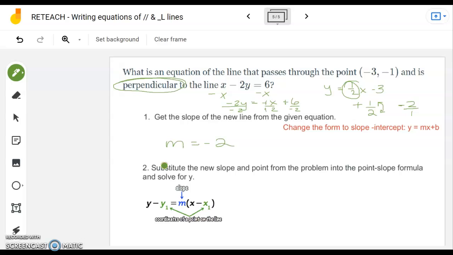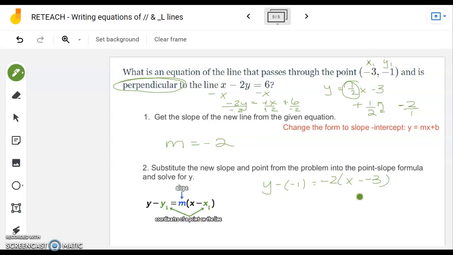So I'm going to use my new slope, m equals -2. And I have my point, -3, -1. So it's going to be x1, y1, and we're going to have y minus -1 equals m, which is -2, times x minus -3.